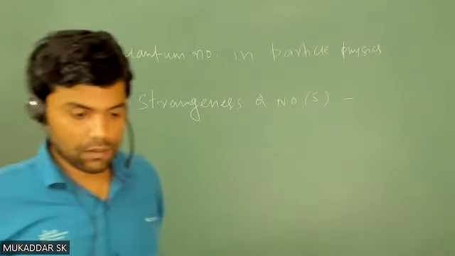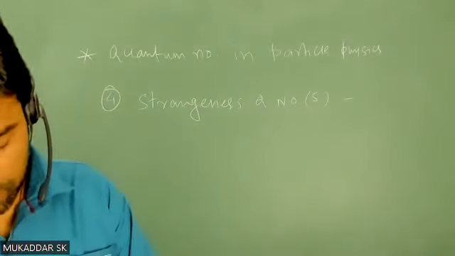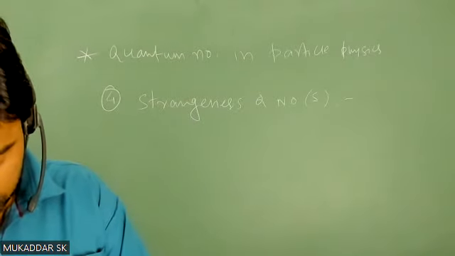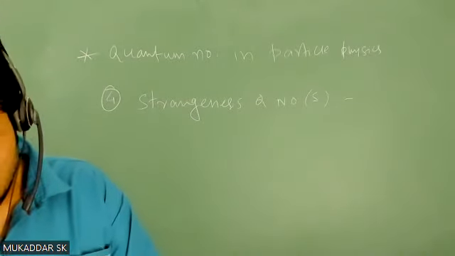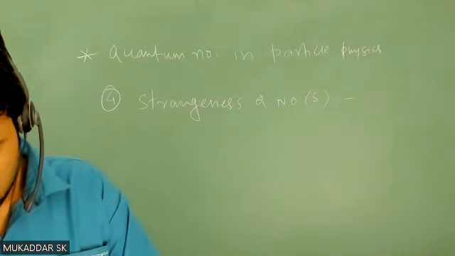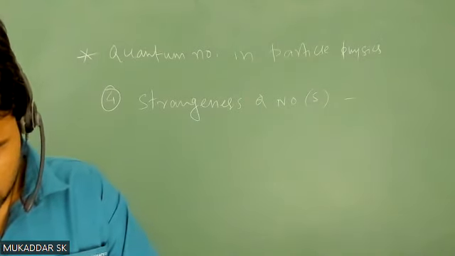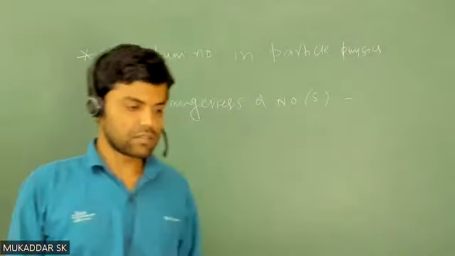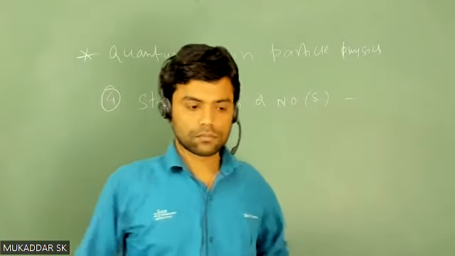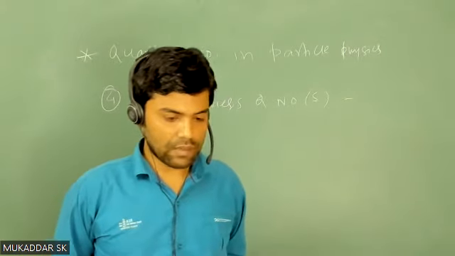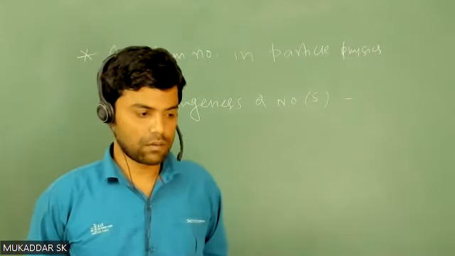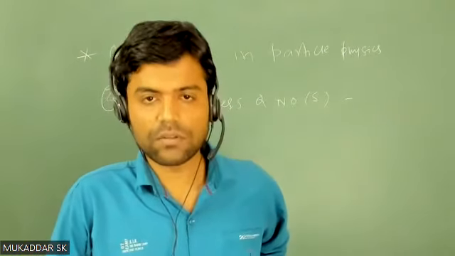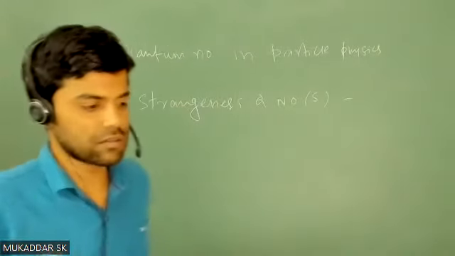For such particles, one quantum number is assigned, that is called strangeness quantum number. Okay? So many subatomic particles are produced by strong interaction but decay by weak interaction. For such particles, one quantum number is assigned, that is called strangeness quantum number.